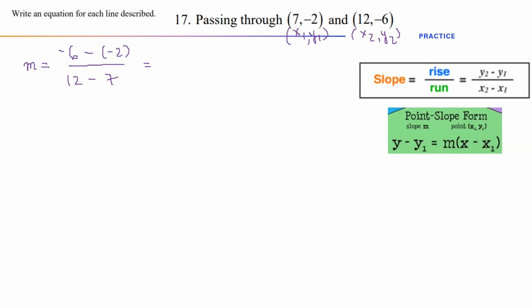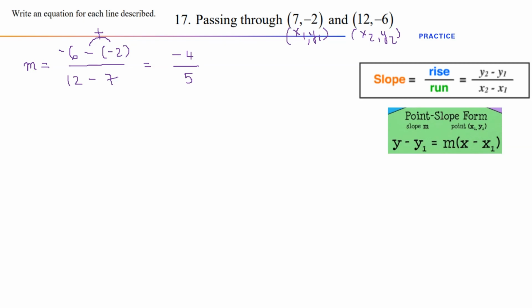So negative 6 plus 2, that will be negative 4, over 12 minus 7, that will be 5. So we'll have slope m equal negative 4 over 5.